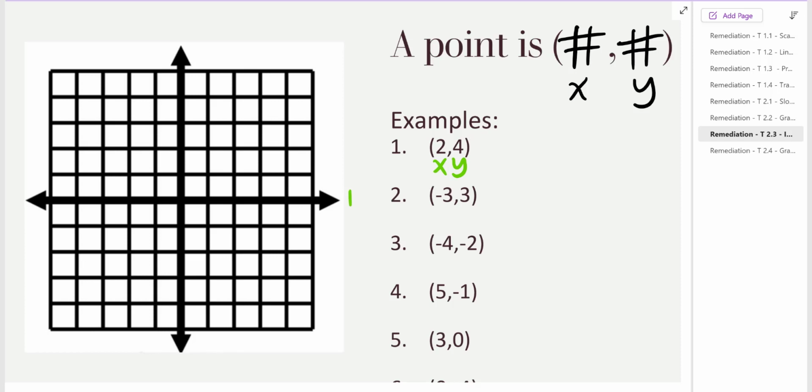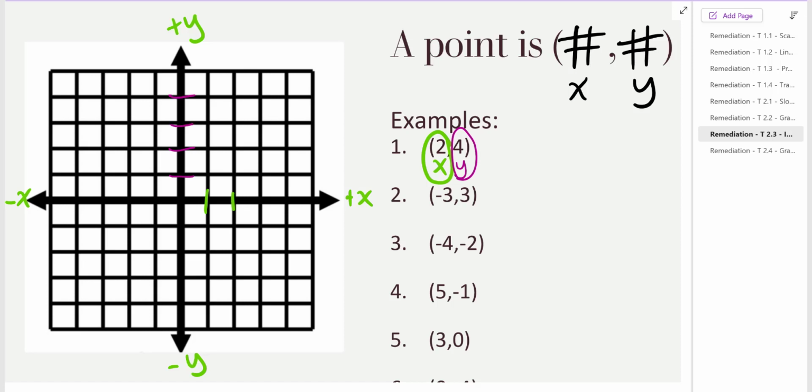So remember, this is the positive x side, this is negative x, this is positive y, and this is negative y. Okay, so positive 2 for x is right here. 1, 2. And then positive 4 for y is 1, 2, 3, 4.